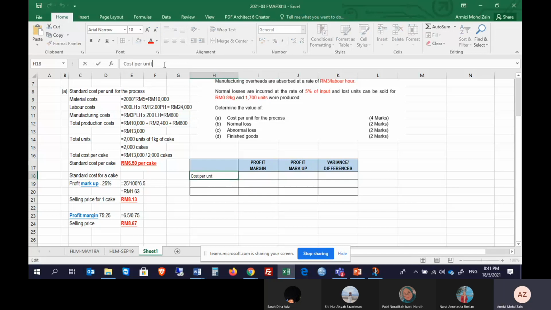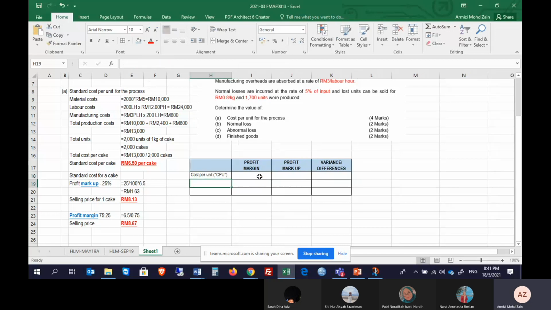Cost per unit ni kita akan menggunakan short form dia CPU. Cost per unit, CPU, cost per unit. So this one cost per unit RM6.50, this one it's 6.50, and then no differences lah. So this one minus this one, no differences. Okay, this one is profit dia, and then this one is selling price.